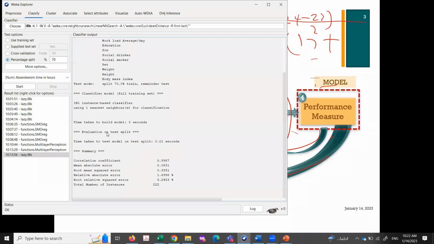However, you see some regression problems where it is established that they like to look at relative absolute error. It has its own interpretation. We have root relative squared error, and then the mean absolute error. We have seen some papers, some areas where they want you to report all of them. Then you have to put all of them there.